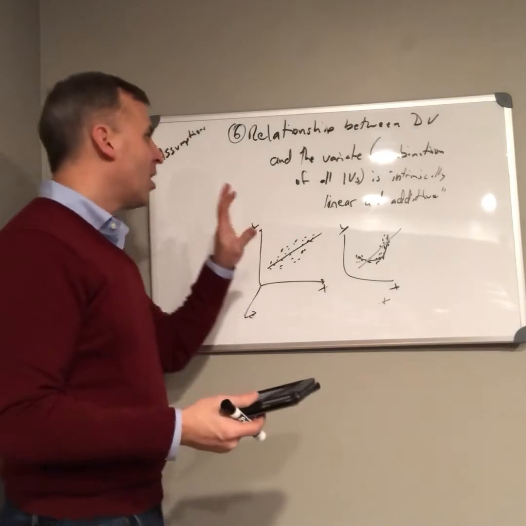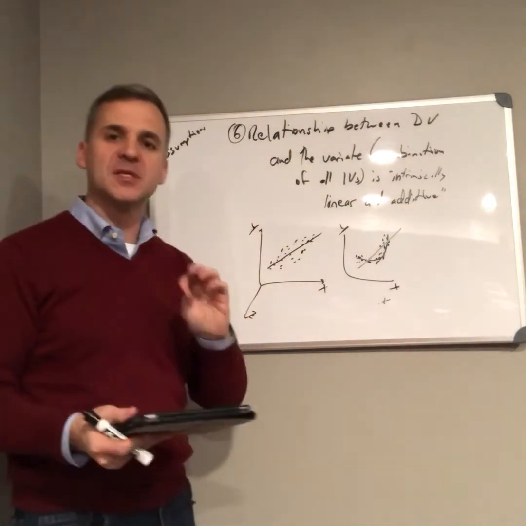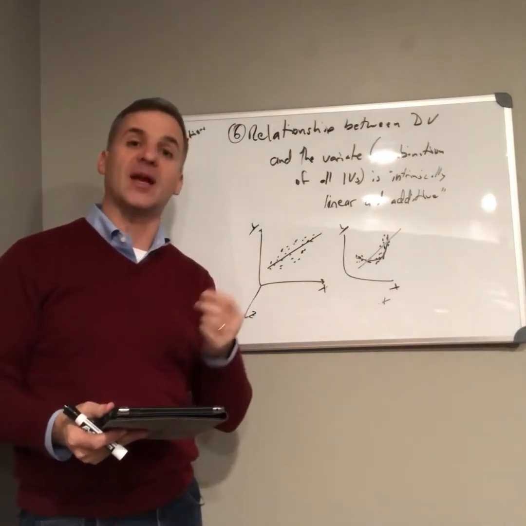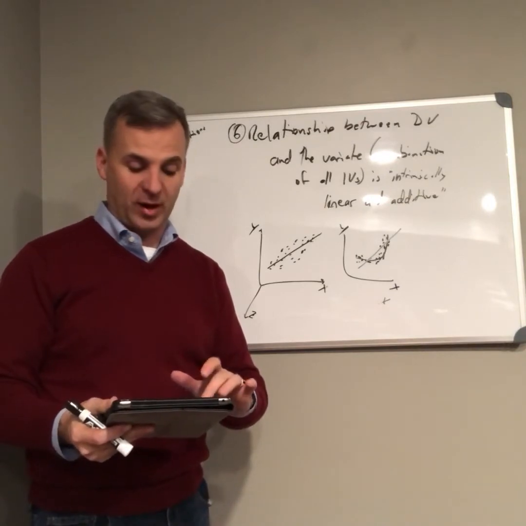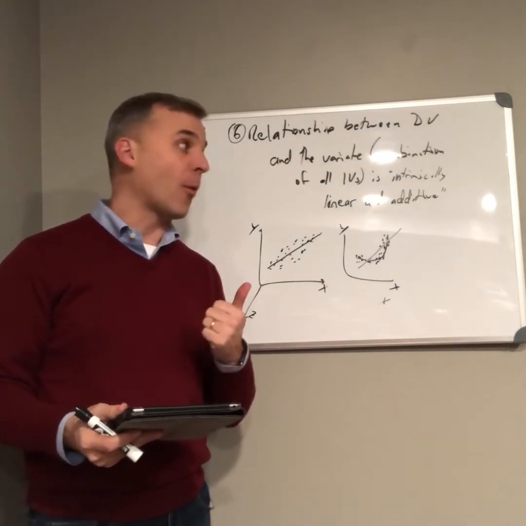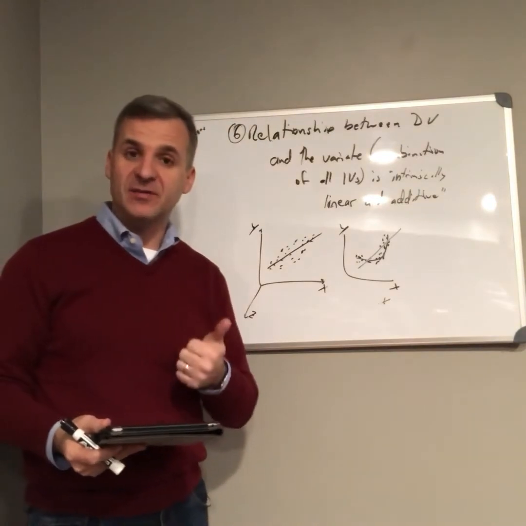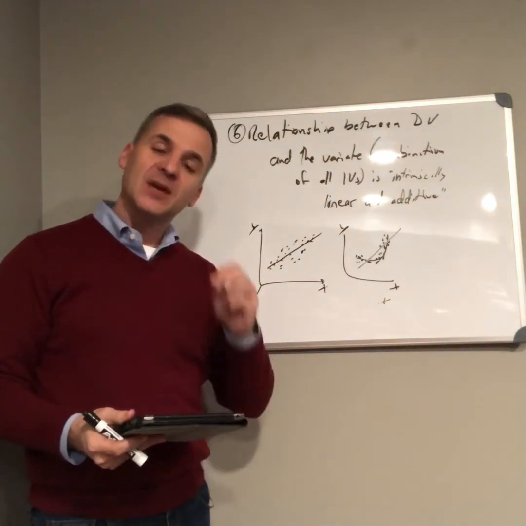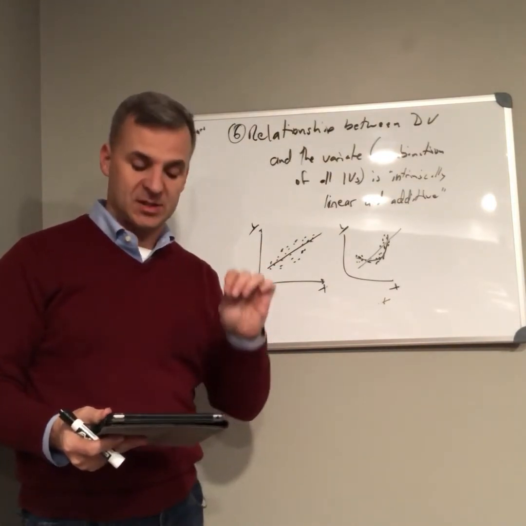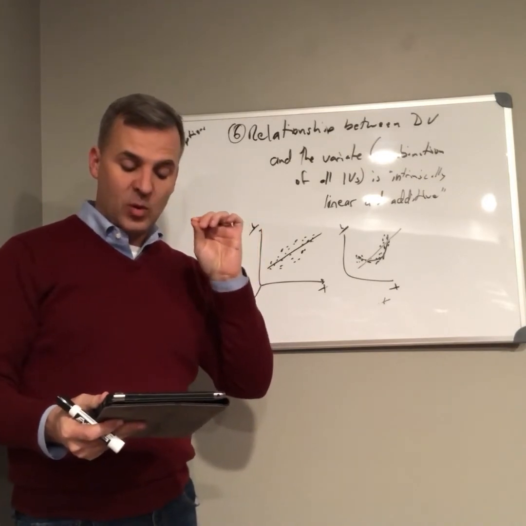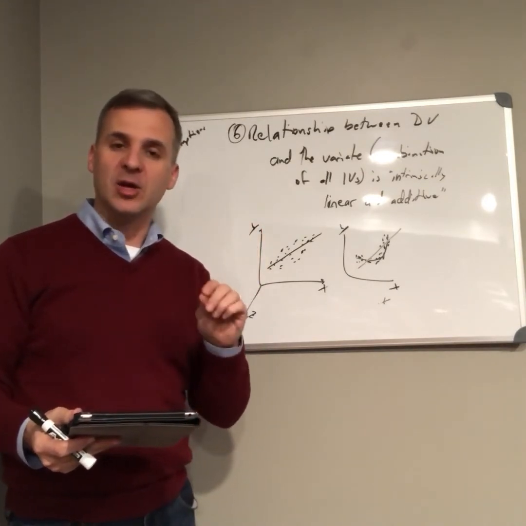Really, where this assumption comes into play is the question of how we break it, and how we know we've broken it. A couple of ways. Number one, when y, the DV, is not continuous. If the DV is not continuous, then we're not going to get a linear and additive model.